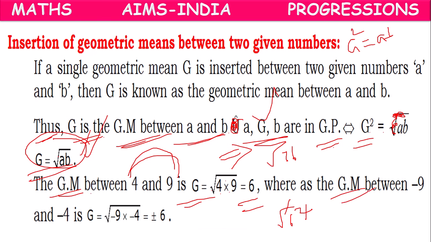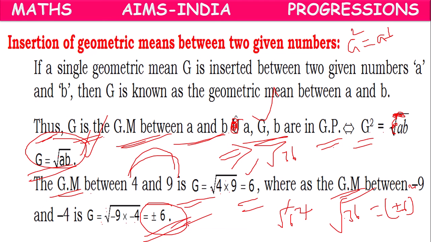Whereas, if you want to take the geometric mean between minus 9 and minus 4, we can take root of minus 9 into minus 4, root of 36. 36 can also be written as plus or minus 6 whole square. At that time, the geometric mean will become plus or minus 6. It may be plus 6 or it may be minus 6 based on the values.